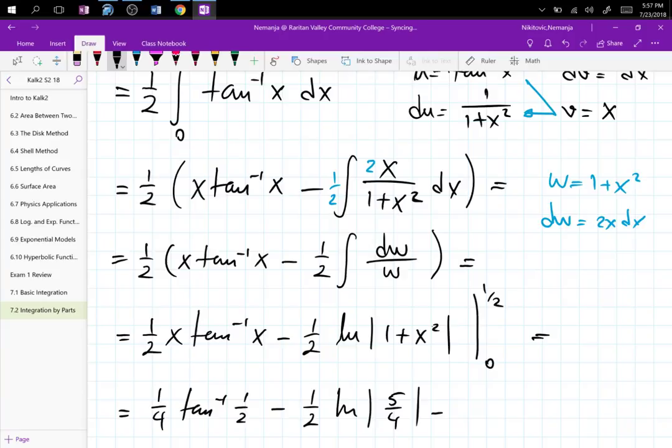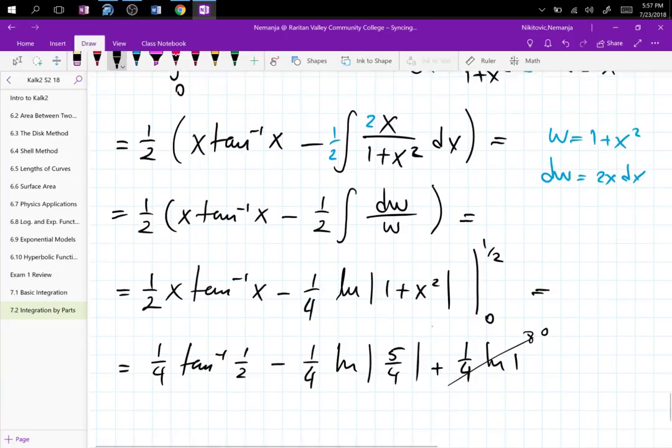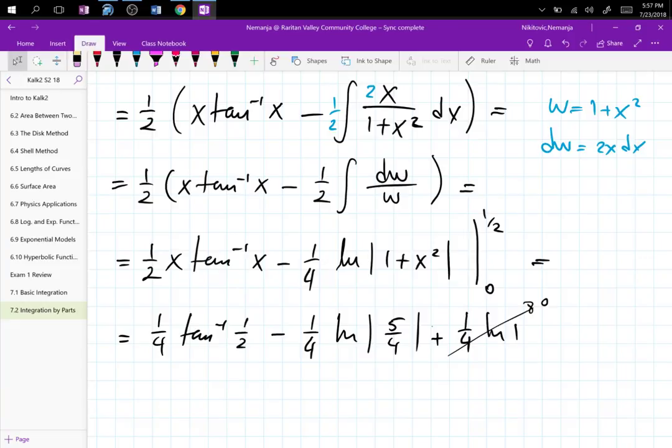And over here I have minus and minus, which gives me plus 1/2 ln of 1. Well, that's 0, so that dies. And that's the answer: 1/4 inverse tangent of 1/2 minus 1/4 ln of 5/4.